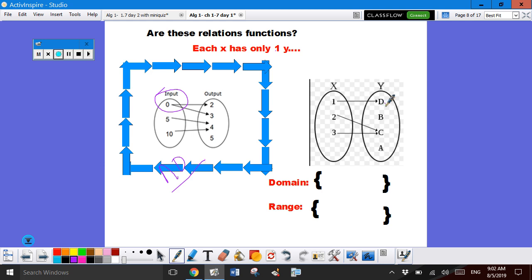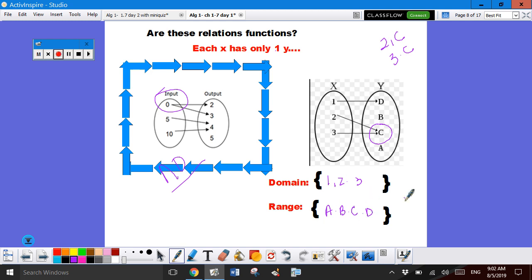What about this one here? Notice how it has 2 arrows going to the C. Well, if I look at what that is as an ordered pair, I have 2C and 3C. I don't know that that's really a problem. Let's look at the domain. So the domain, 1, 2, 3, and my range, A, B, C, and D. I don't see any duplication.